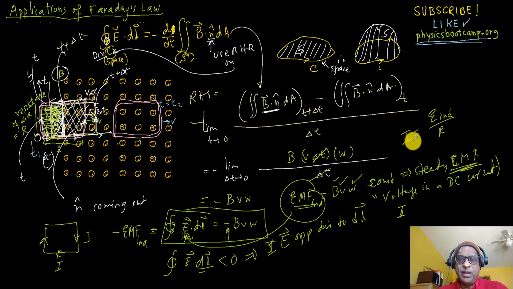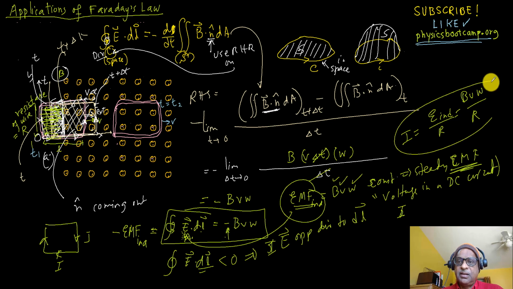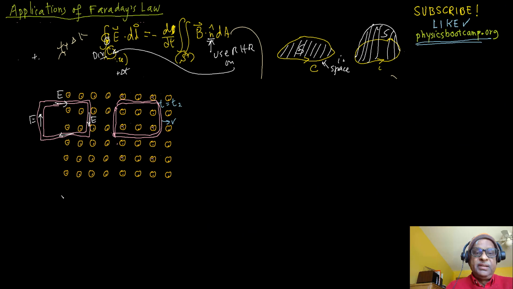This is from applying Ohm's law to a steady circuit, and I have BVW over R. So that's the current, and that's part of the answer we found.